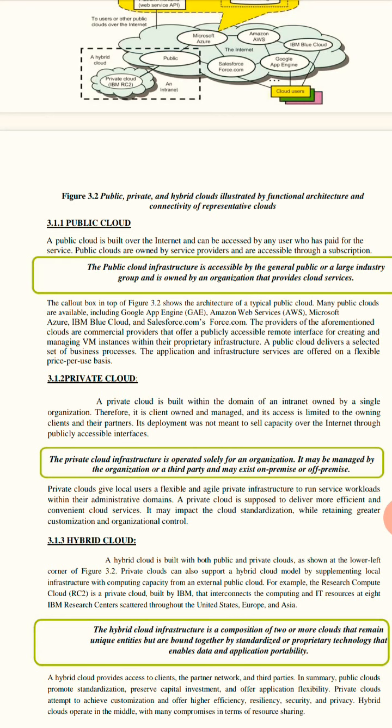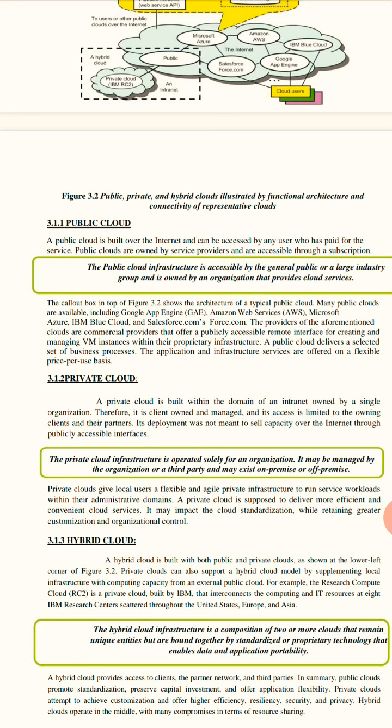Some companies which provide public cloud are Amazon Web Service, Microsoft Azure, IBM Cloud, Google App Engine. These companies provide public cloud. In public cloud, the application and infrastructure service are offered on flexible price per use basis.